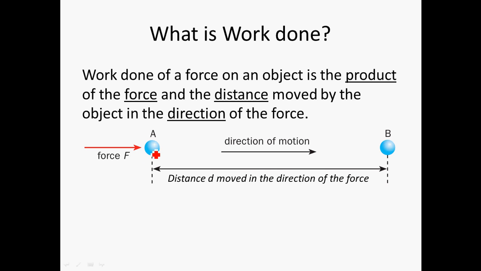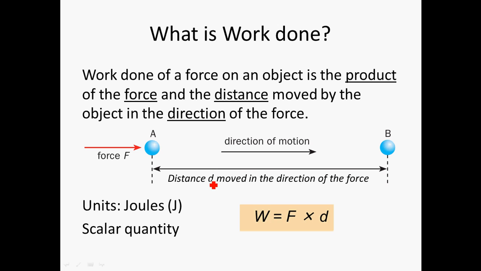The force F may push the object and it moves to point B. If the object moves in the direction of the force to point B by a distance of D, what you will get is the work done W is equal to force F times the distance D. Bear in mind the units must be in joules and it's also a scalar quantity.